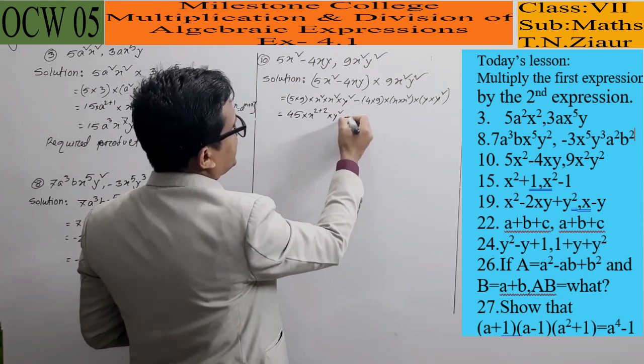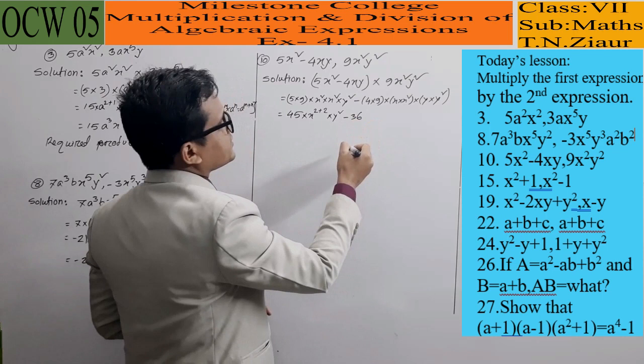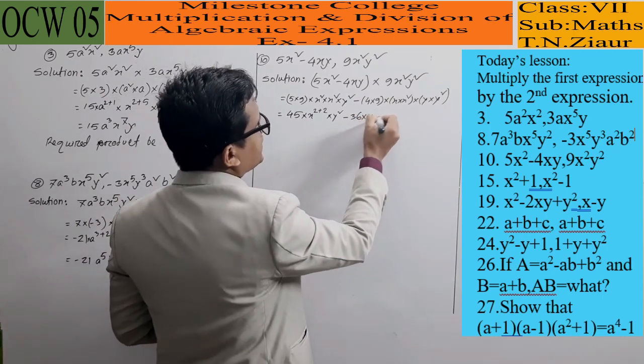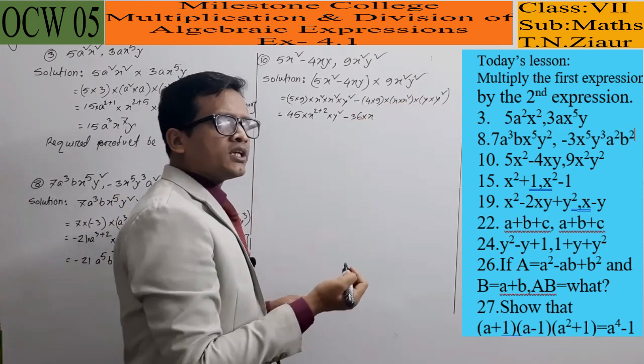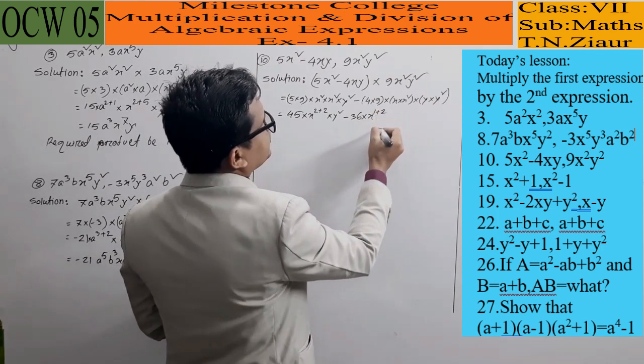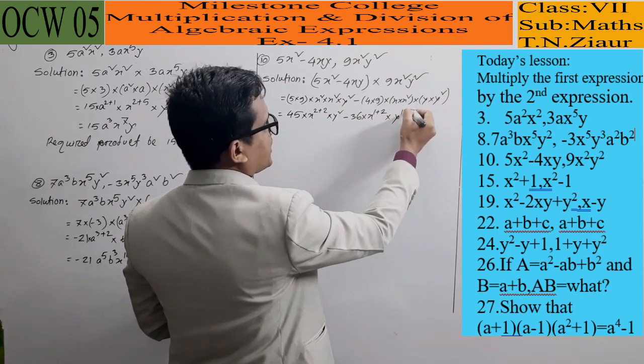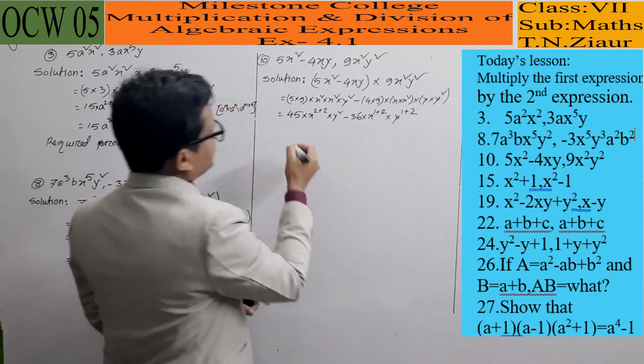Here we have to write minus, 4 times 9 is 36. Okay, here also we have to write x. There is no exponent here, just take 1 here. So x to the power 1 plus 2, okay, into y, there is also 1, so 1 plus 2. Okay, so just like this.